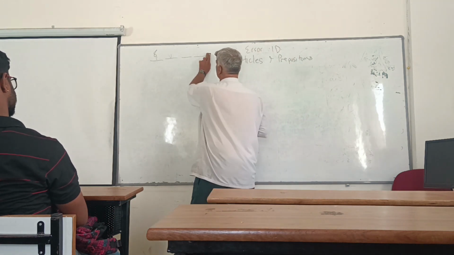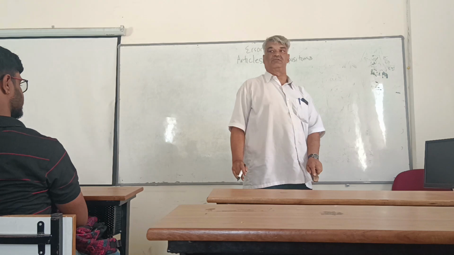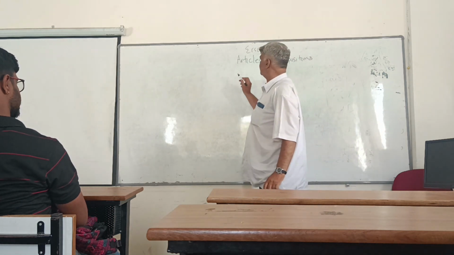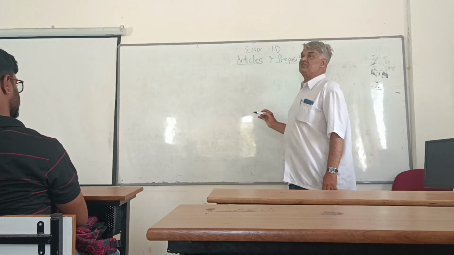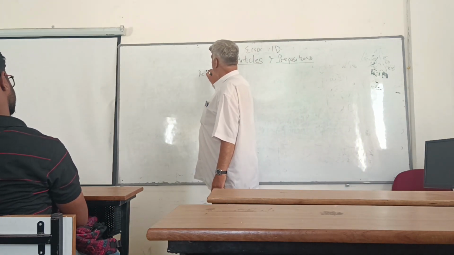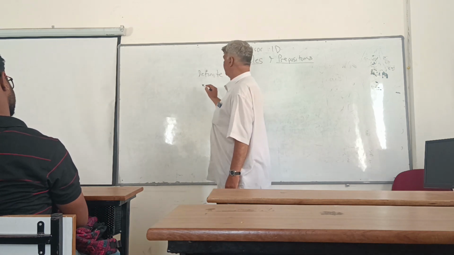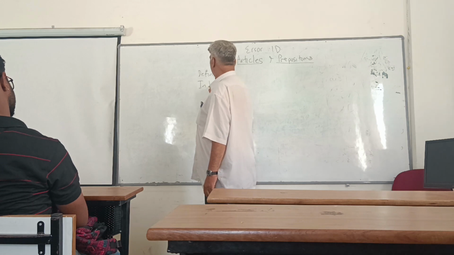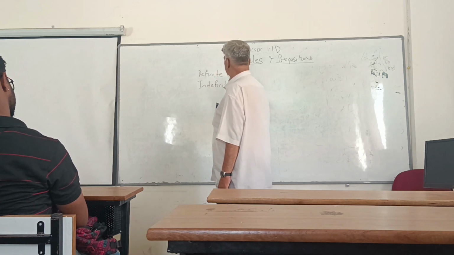First we'll look at articles. As you know, there are 2 types of articles. One is called the definite article and the second is called the indefinite article.